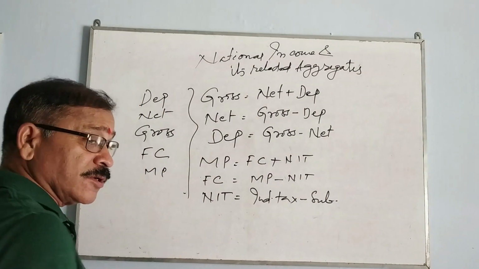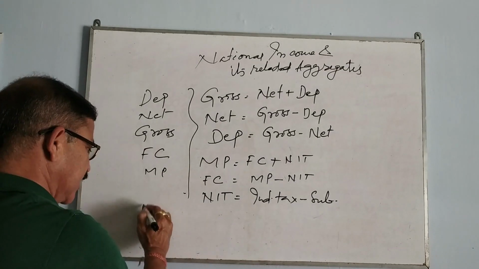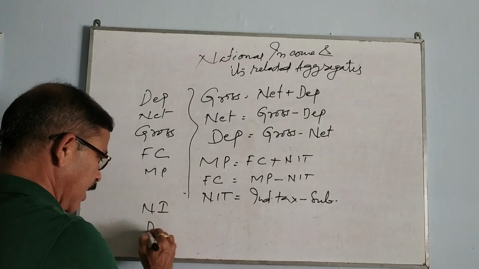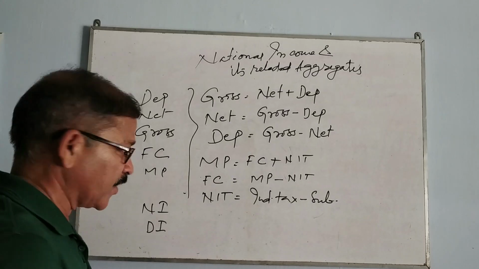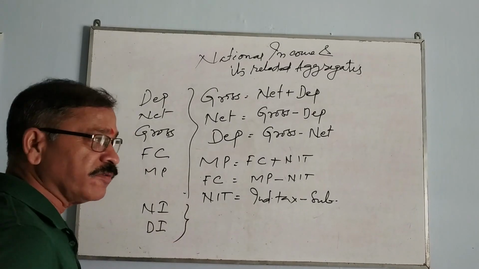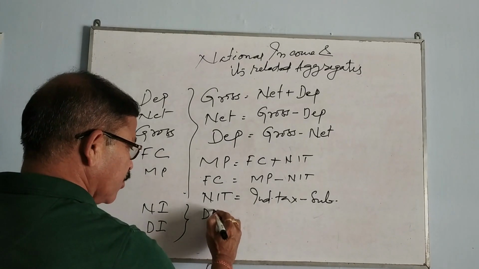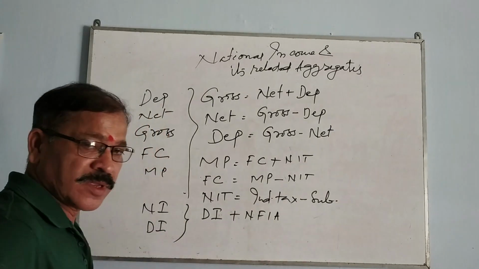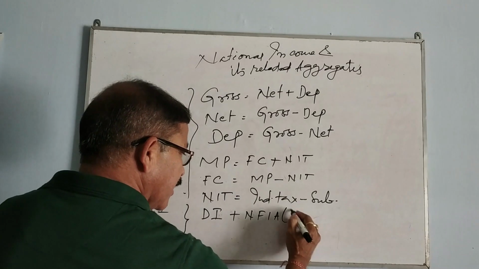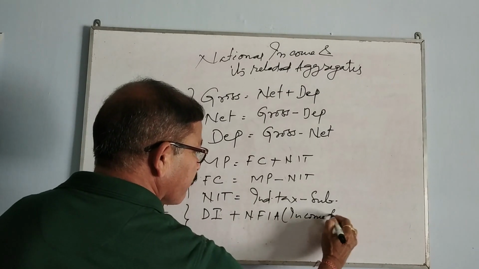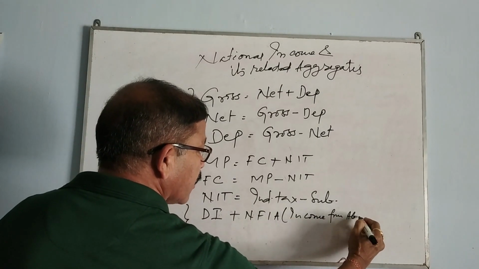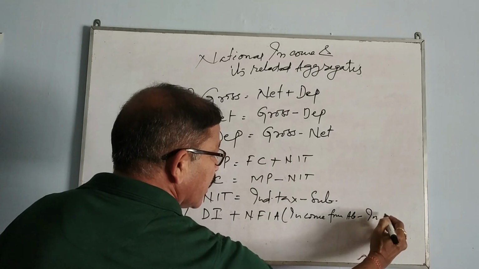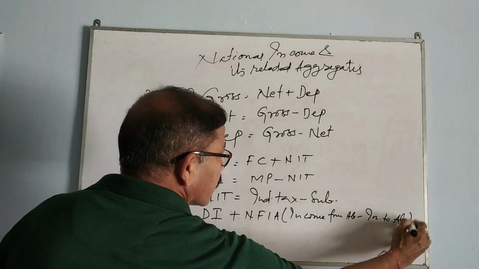Then two more aggregates we discussed, that is national income and domestic income. If you want to find out national income, then domestic income plus NFIA. What is NFIA? Income from abroad minus income to abroad.